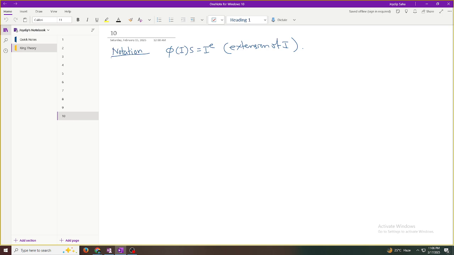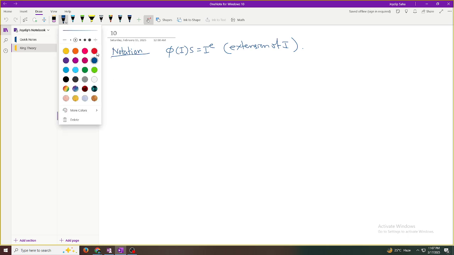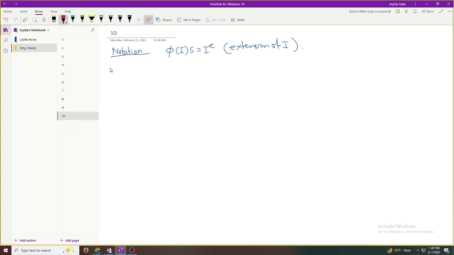Some basic exercise of this fact. Let phi: R to S be a ring homomorphism, and let I subset of R, J subset of S be ideals.